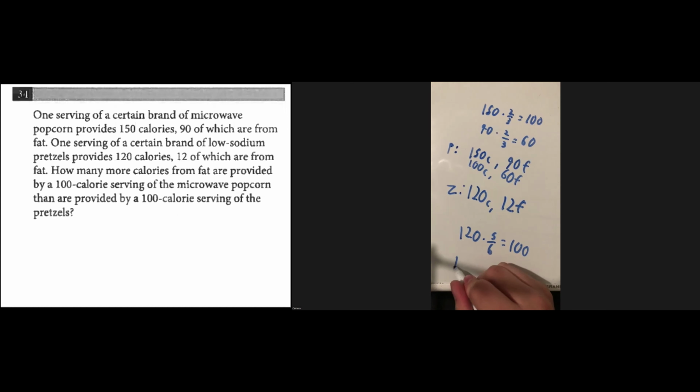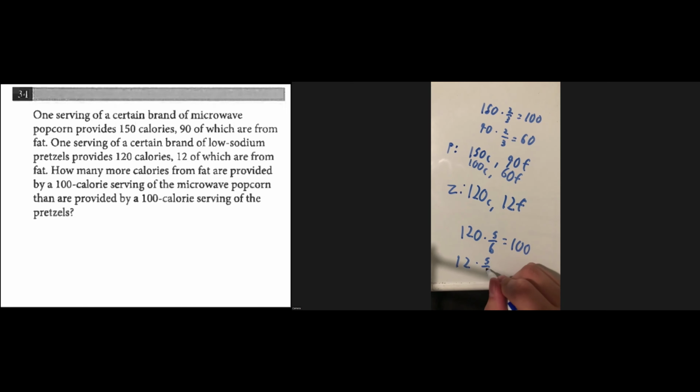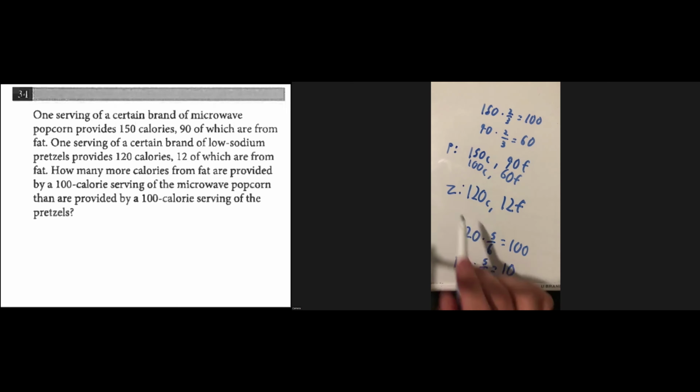And then you'd have 12 for the fat times the same ratio, 5/6, which is equal to 10. So if you have 100 calories worth of pretzels, you'd have 10 calories worth of fat.